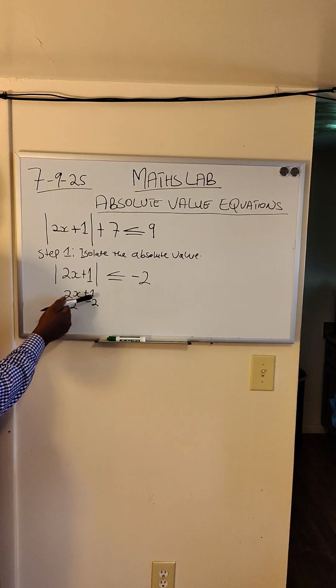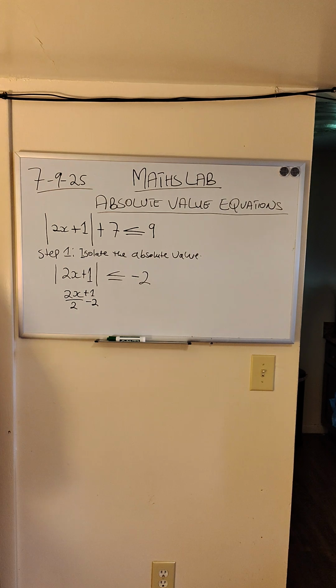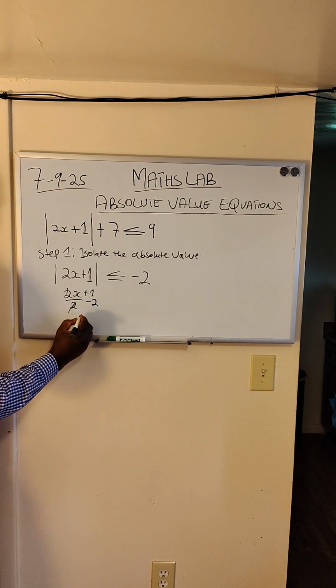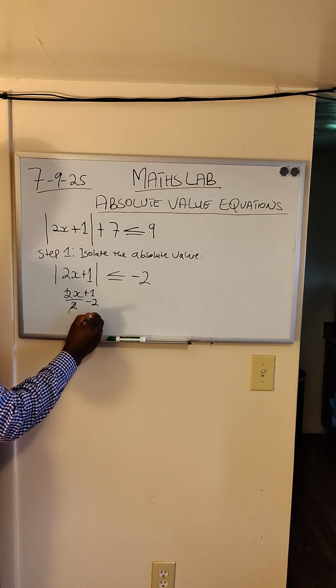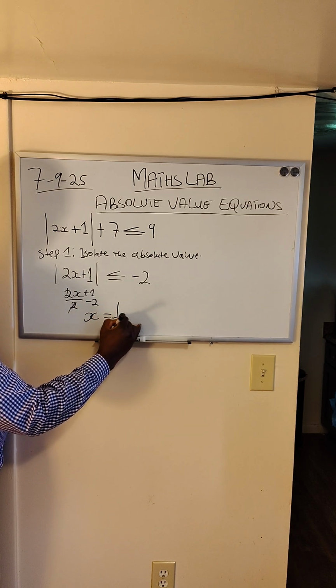Remember, when we're dealing with equations, division is as good as subtraction. But now, when we do that, these two are going to cancel, and we are going to remain with x equals 1 over 2.